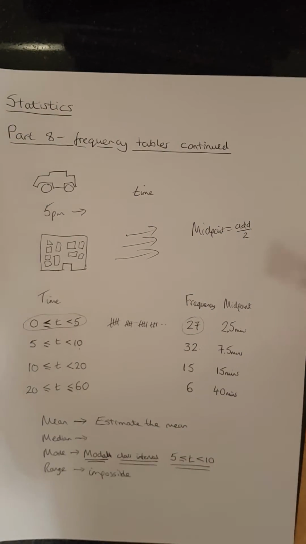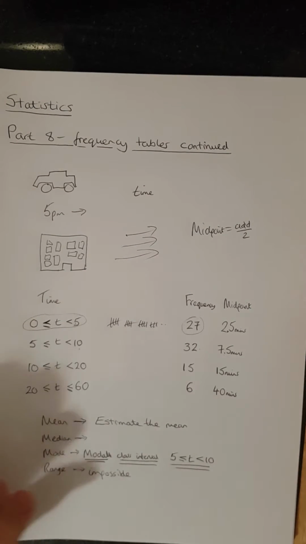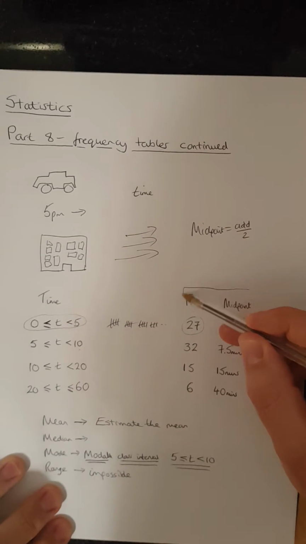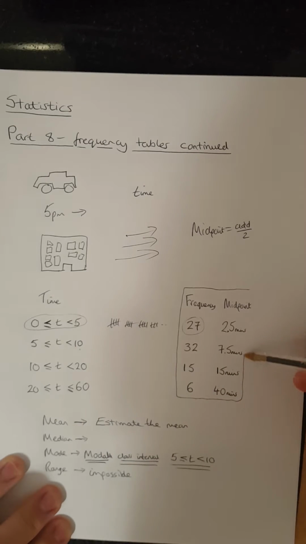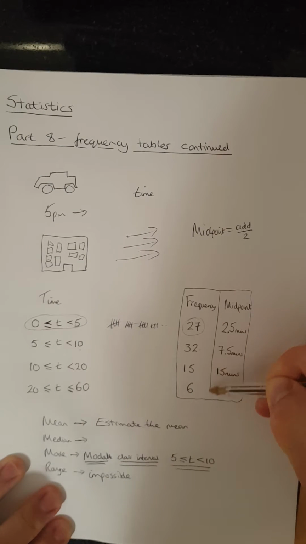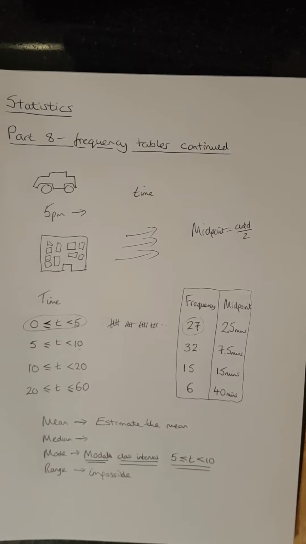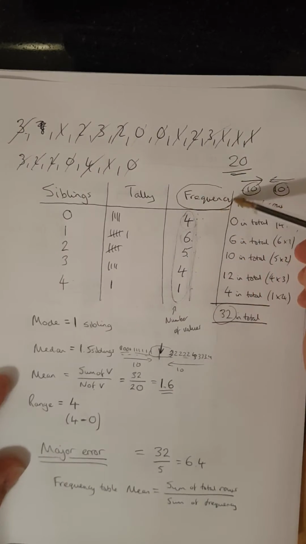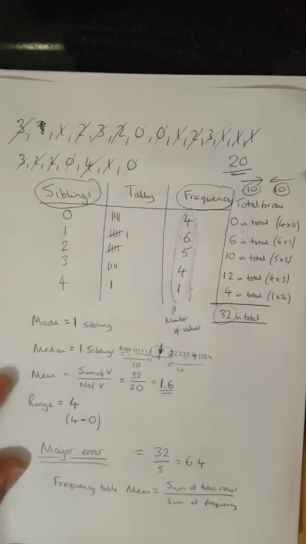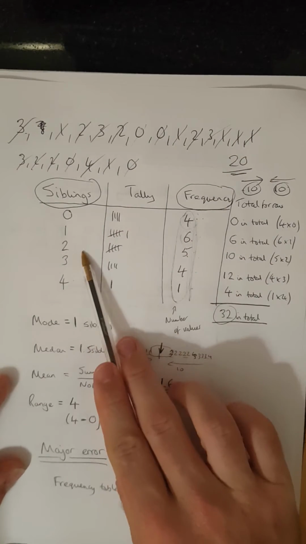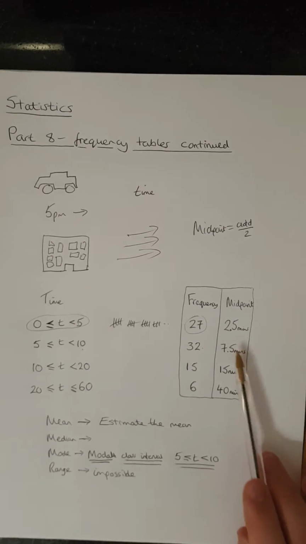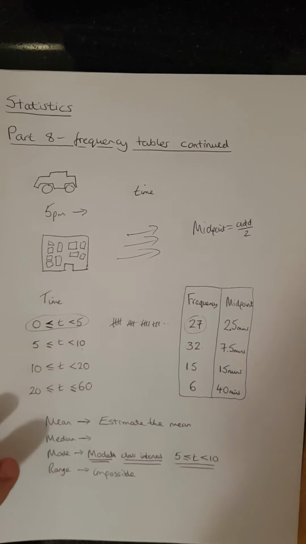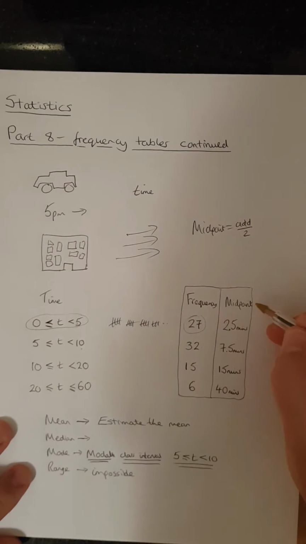So now we've got an estimate for each value. And now our table, using these two columns, can be used a lot like the previous table. Frequency and midpoint, if we look back at the previous one, are now the equivalent to frequency and siblings. Well, this was the actual value, and this is an estimated, but that's the best we can do.